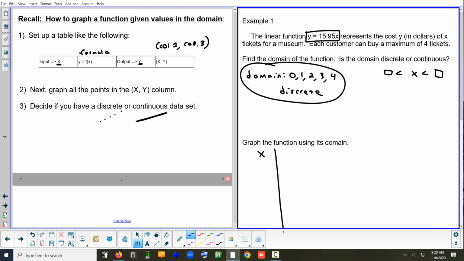Second column, that's the formula. So we're going to put y equals 1595x. The third column is the y. And the fourth column, which isn't really anything new, it's just column 1, comma, column 3.